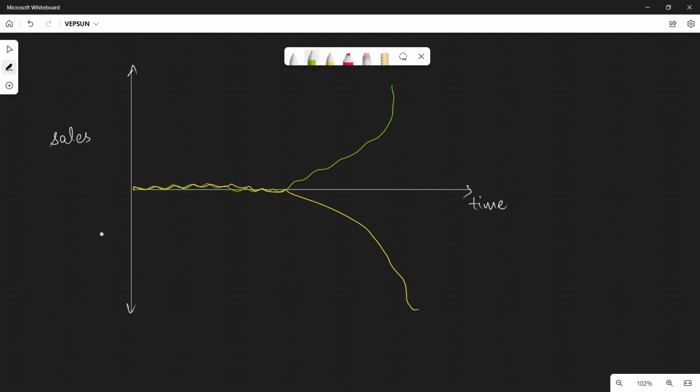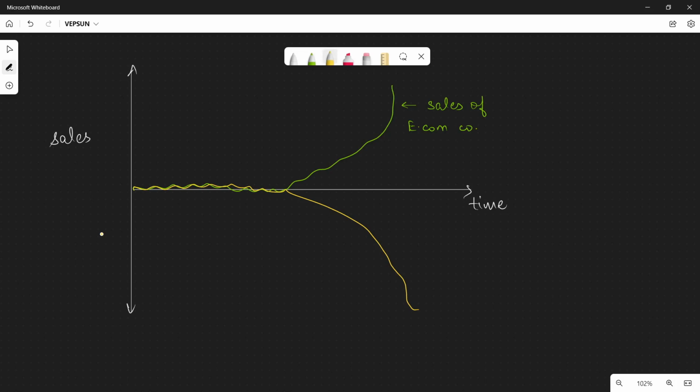This green line that you see on your screen, or this green graph of my visualization, represents the sales of e-commerce companies.